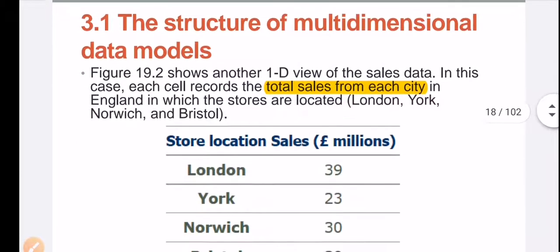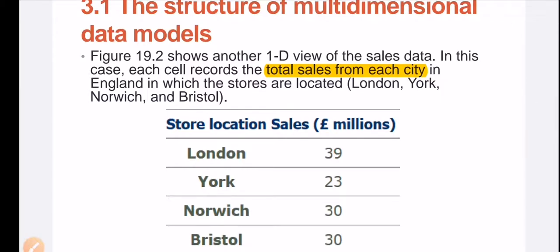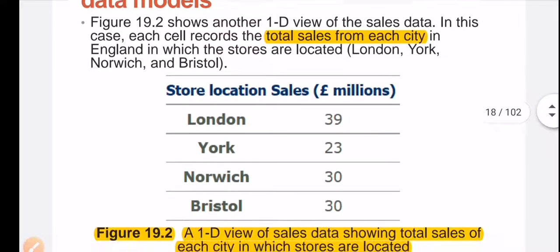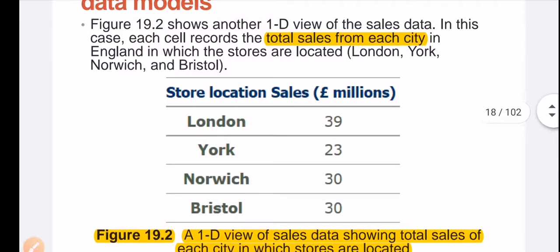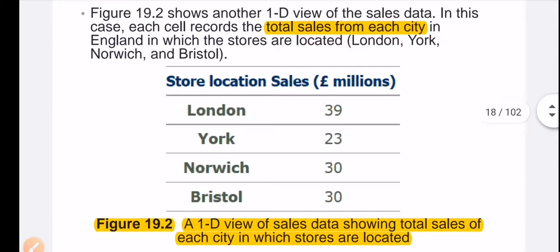Go further to take another one-dimensional view between store location and sales. For this example, we can look at the store location, London, for example. Sales in the London location is 39 million. Sales in New York City is 23 million, and so forth.